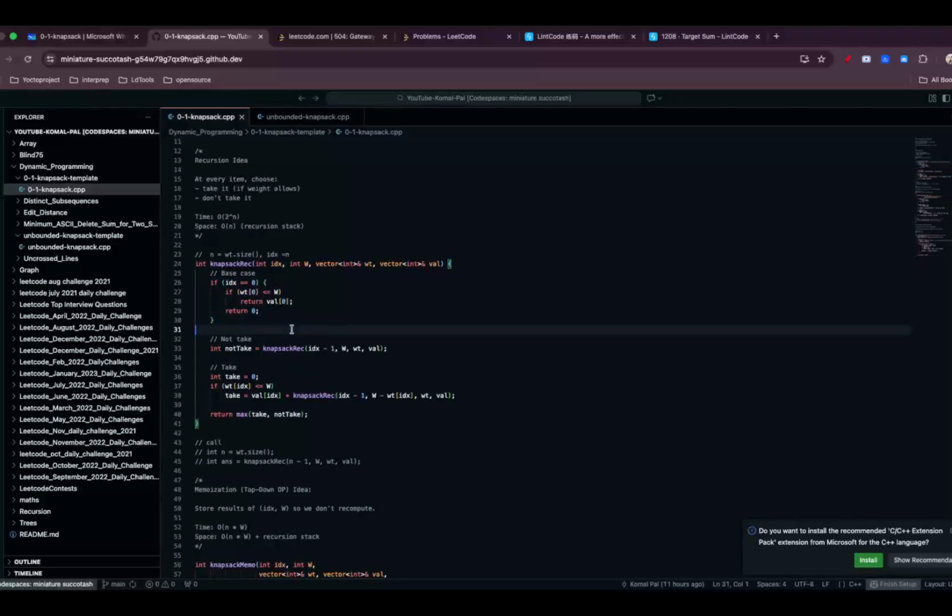And when it reaches this case, anyhow, it will go to its parent caller. And this return statement also will be returned to its parent caller, so that at a particular time, either if we take that weight or if we don't take that weight, whichever gives us the maximum possible answer. So that will be the scenario.